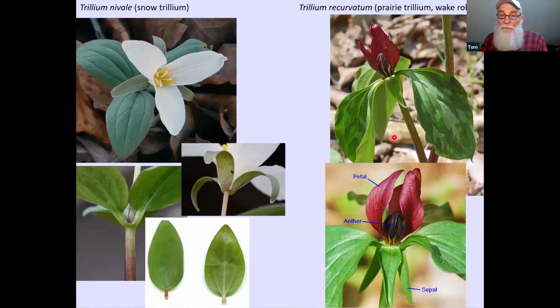That would be pretty much pushing it in terms of its western extent, about as far west as it goes. And it's got, again, three leaves like the other trilliums, and then a much different looking flower, of course. This has a diagram showing you the sepals here are pointed down, the green sepals, and then the three petals.